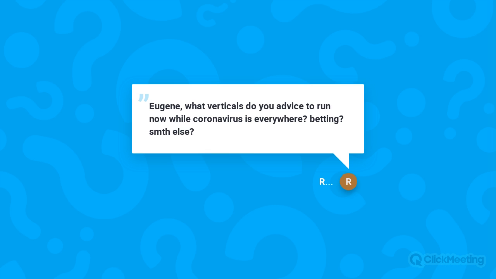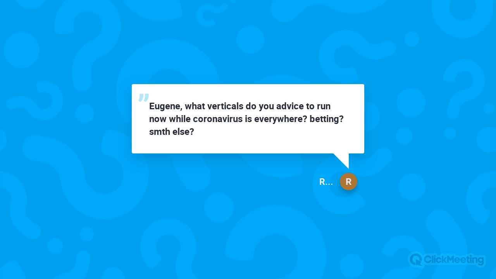All right, totally agree. What verticals do you advise to run now while coronavirus is everywhere? Betting? Something else? Well, betting is in a very interesting position. There is only one country to bet, as I know, and it's Belarus.